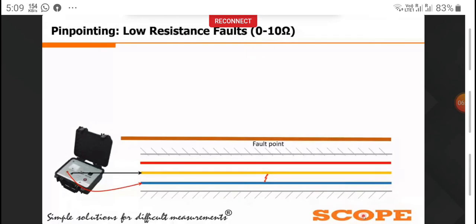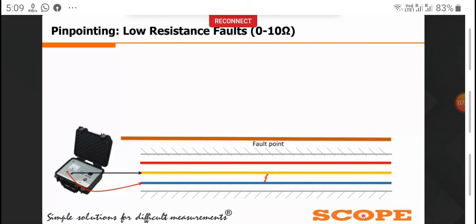This method is also called the twist method, in which we apply an audio frequency signal. In this example, we can see that the Y phase and B phase of the cable are short circuited at the fault point.